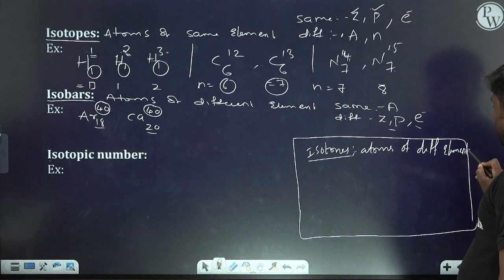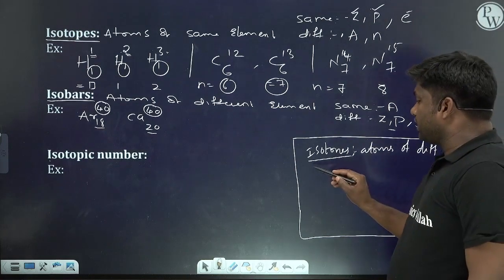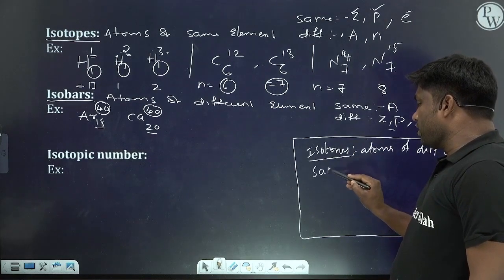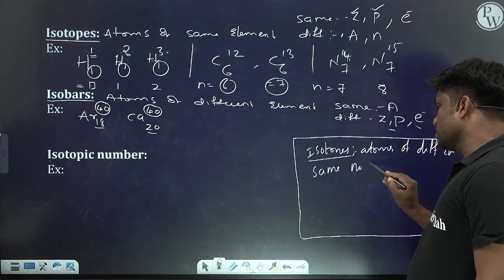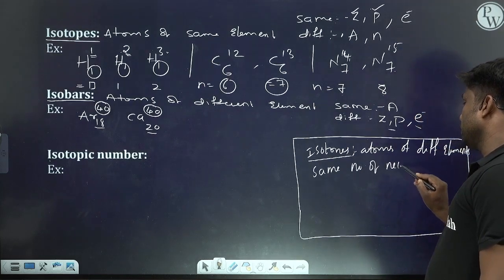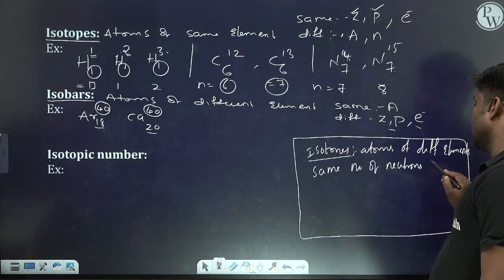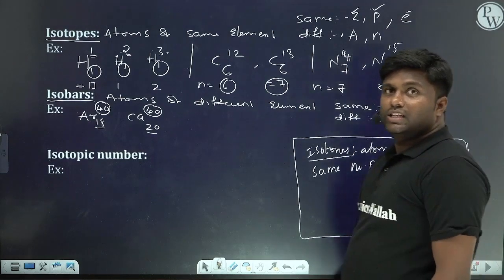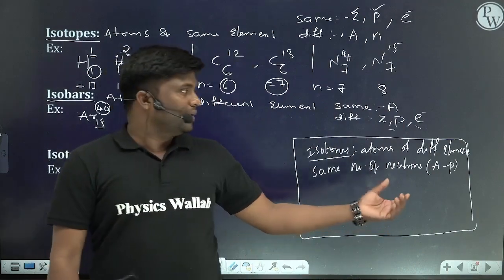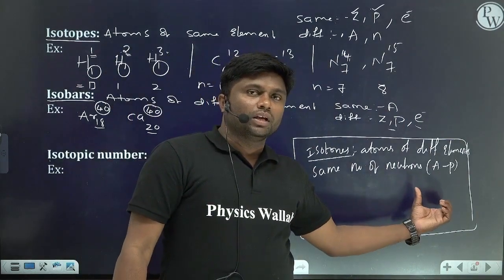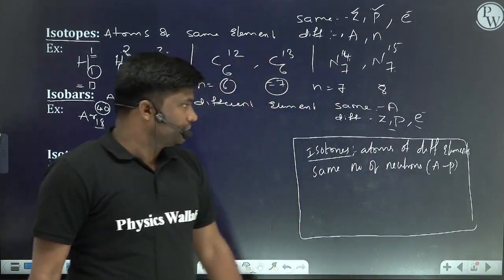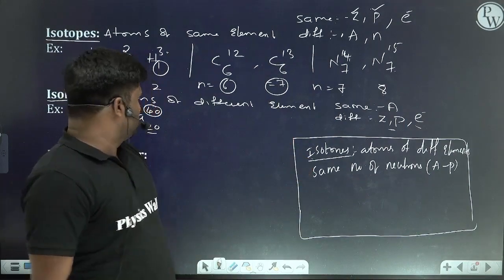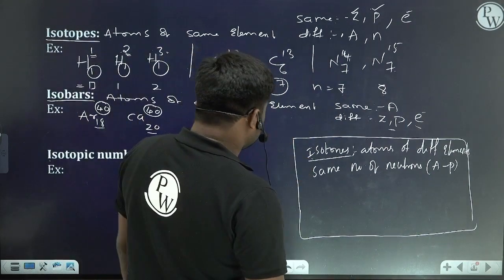Atoms of different elements having same number of neutrons. Neutrons means what? Mass number minus protons. A minus P value is same. If A minus P value is same, then that is called as isotones.